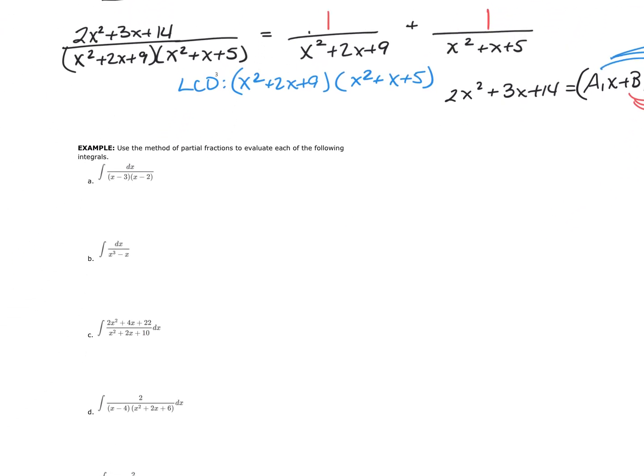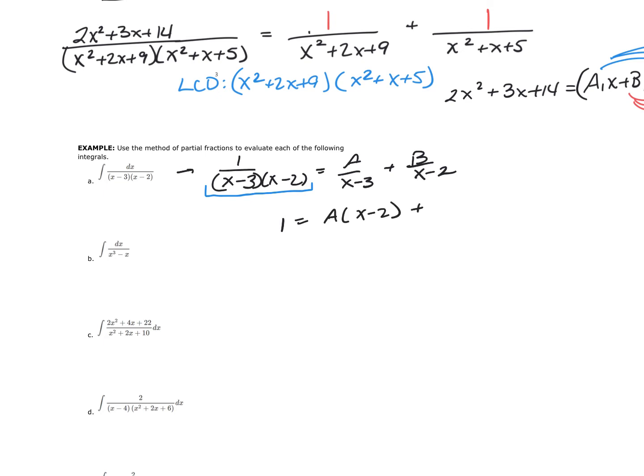Now, let's go ahead and start doing some solving with partial fraction decompositions where it is appropriate. So if we take a look at A, the first thing I'm going to do is write this as 1 over x minus 3, x minus 2 is equal to a over x minus 3 plus b over x minus 2. Multiplying each term by our lowest common denominator, which just happens to be x minus 3, x minus 2, I'm going to get 1 is equal to a(x minus 2) plus b(x minus 3).